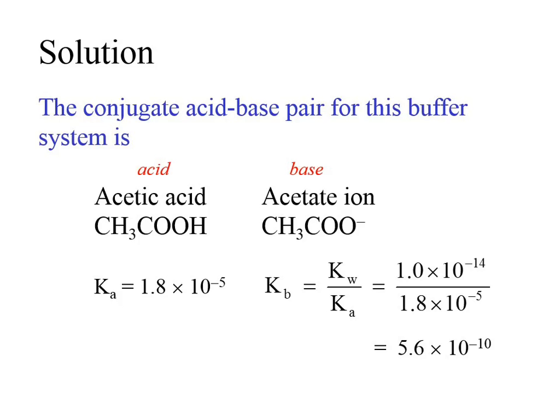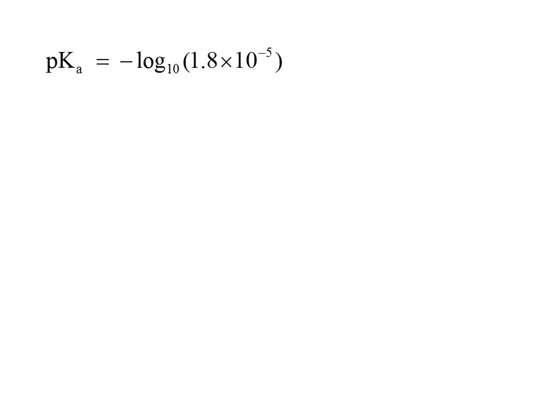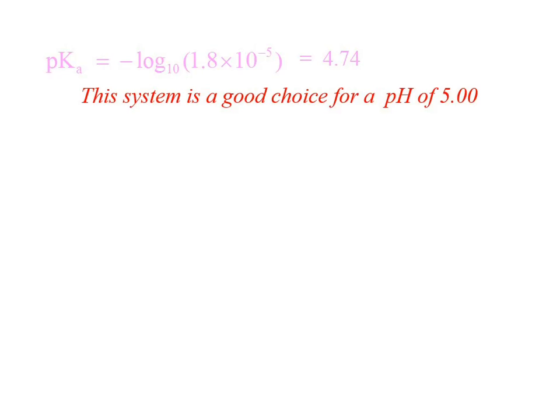So before I plug into the HH equation, I want to show you one more way to manipulate the HH equation that might be helpful. In this new form of the HH equation, we will need the pKa.